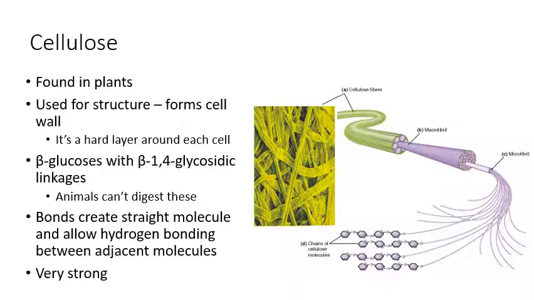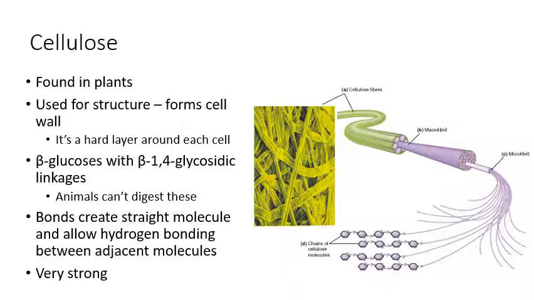And it's also kind of difficult for a lot of creatures to break down the beta-1,4 glycosidic linkage. Basically almost any organism can break down an alpha-1,4 glycosidic linkage like you find in starch and glycogen, but not that many organisms can break down the beta-1,4 glycosidic linkage. Actually, there are no animals that can break down that bond at all. There are bacteria that can do it.